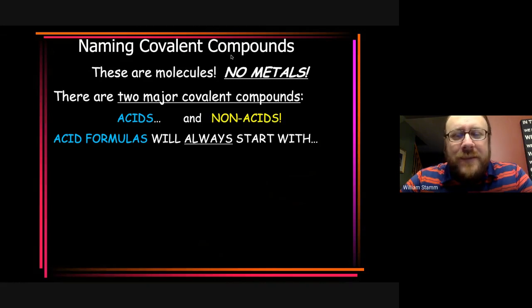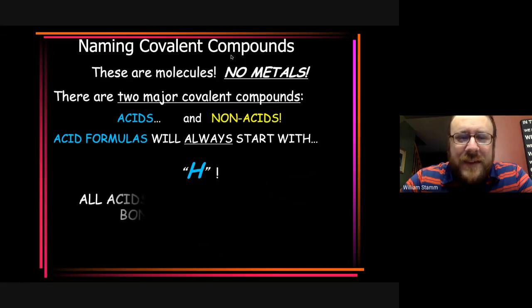To tell the difference between the two, there's a good way of doing that. Acid formulas will always start with an H. An H means hydrogen in this case. So if you see any compound that begins with an H, you can kind of treat it like an acid in general.